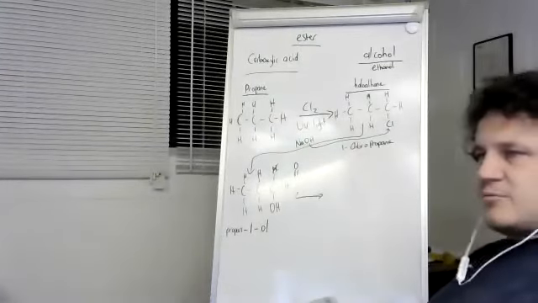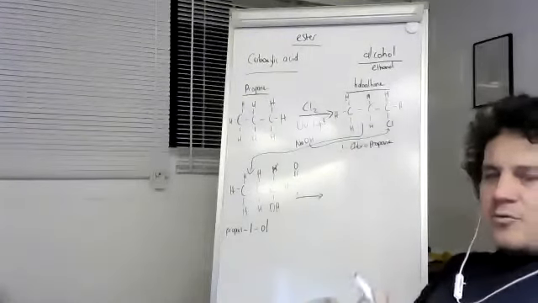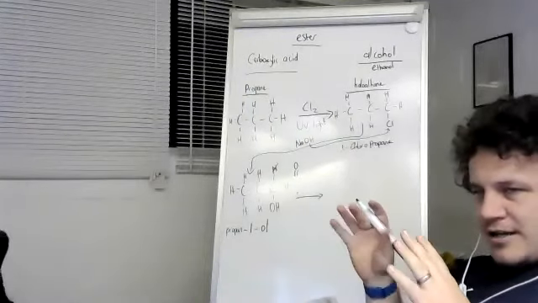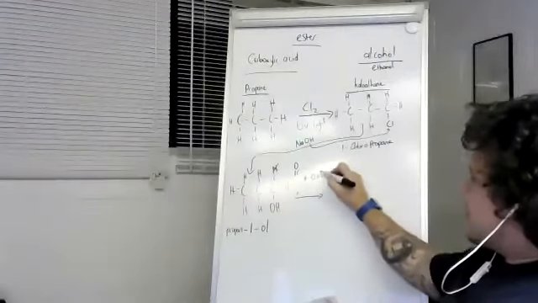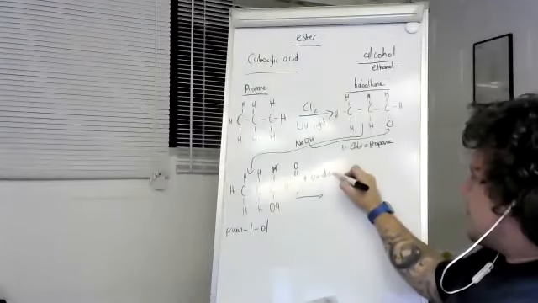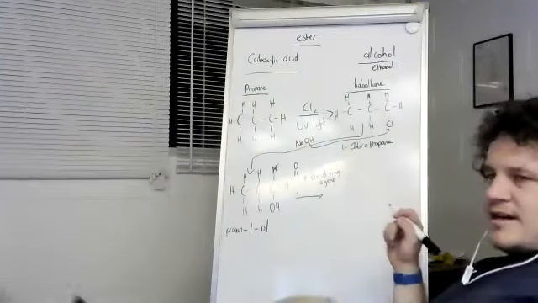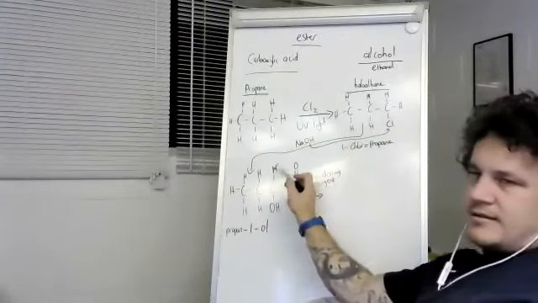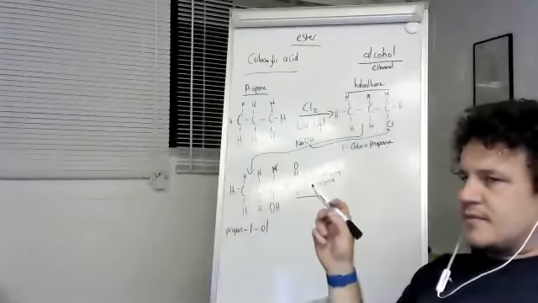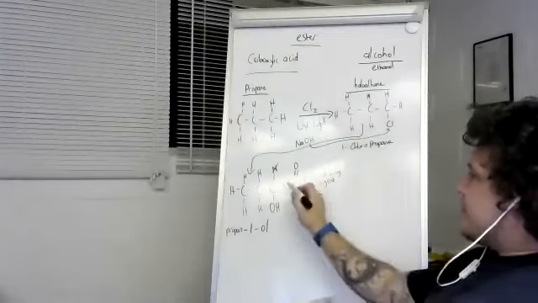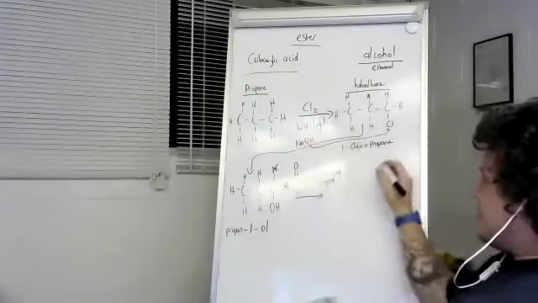We did some when we looked at the primary, secondary, and tertiary alcohols, where we have an oxidizing agent. What the oxidizing agent does is it gets rid of the H, gets rid of this H, and creates the double bonded oxygen.